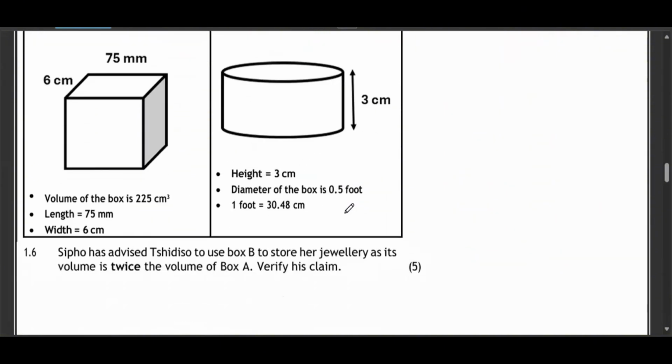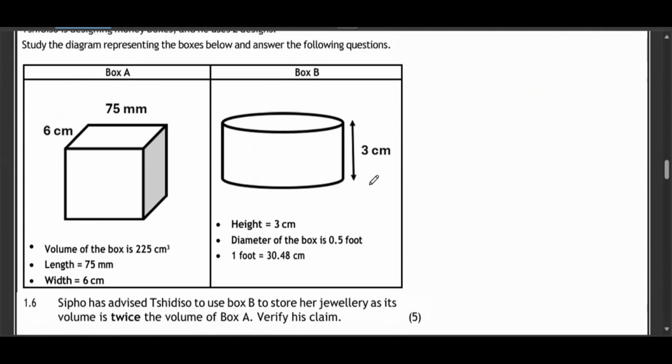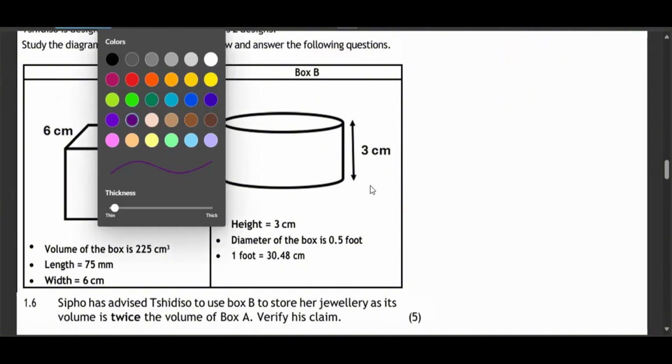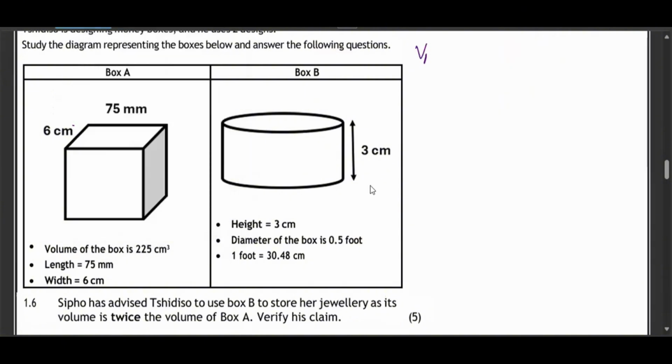Sipo has advised Diso to use box B to store her jewelry as its volume is twice the volume of A. Now, this is a claim we are going to verify, but what are we comparing to find out? We are comparing volumes. Already the volume of box A is given as 225 centimeters cubed. Volume of B is not given.